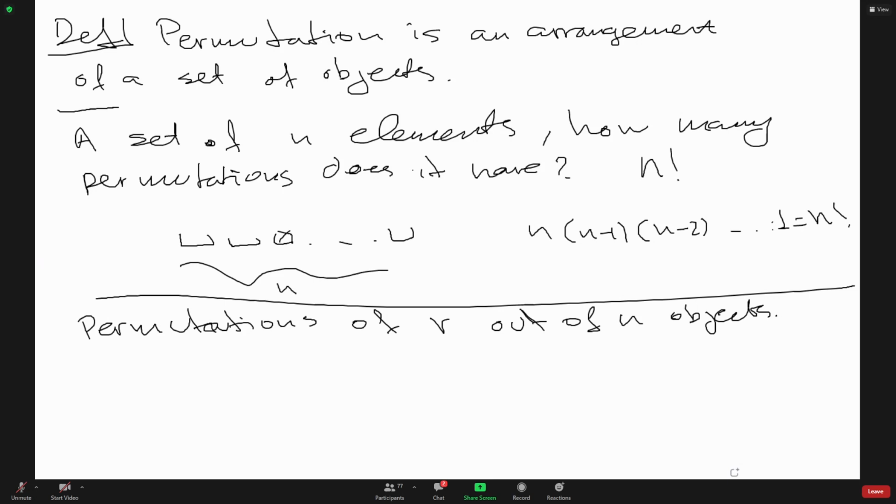Can I answer, sir? Yes. Actually, first we take n times, sorry, we multiply n times n-1 factorial because we use r elements out of n objects. There are just r objects that we can use.